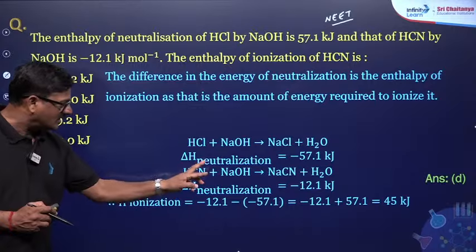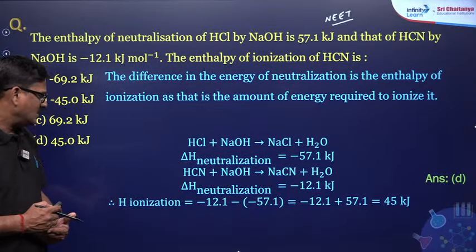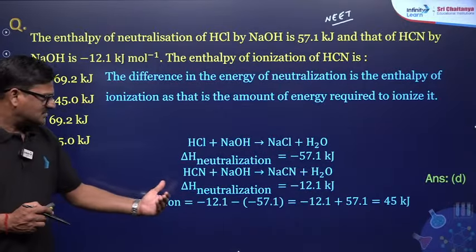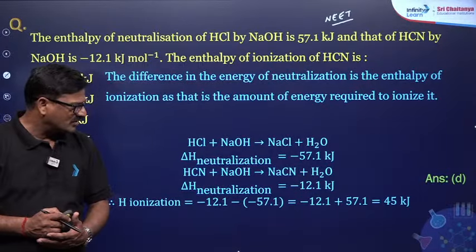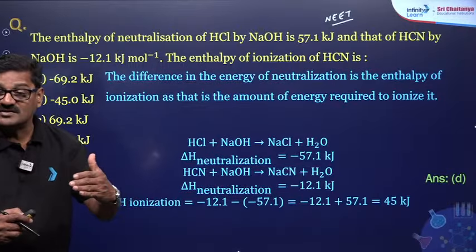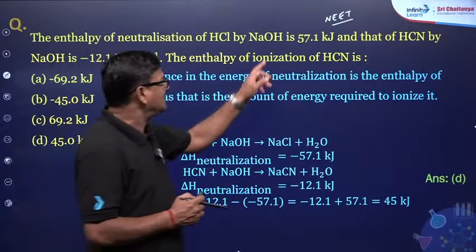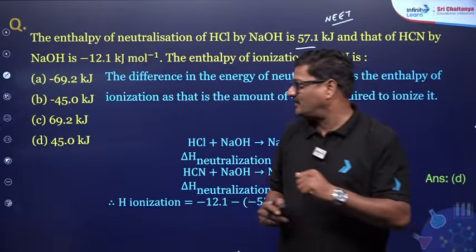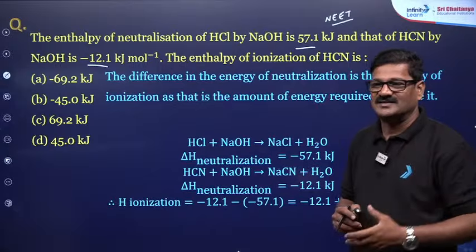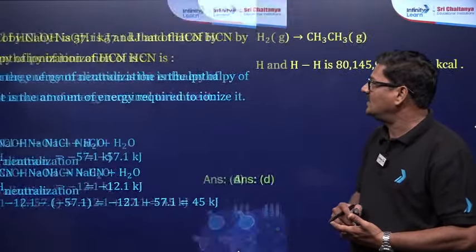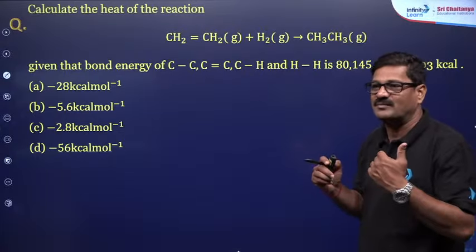So ये उल्टा करके sodium hydroxide is removed, and the enthalpy of ionization is going to be minus 12.1 minus of minus 57.1, which is 45 kilojoules required to ionize HCN. Looking at this value, the difference between these magnitudes is going to be ionization. Fine beta. So like that you will be having so many calculations in thermochemistry.